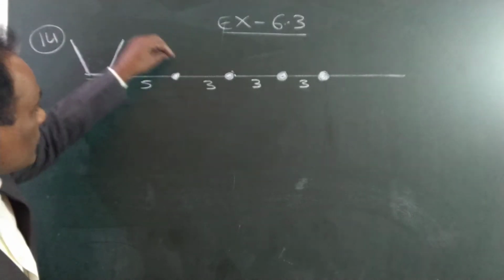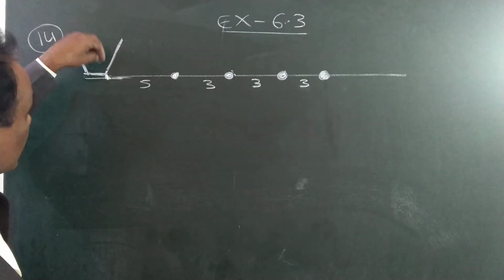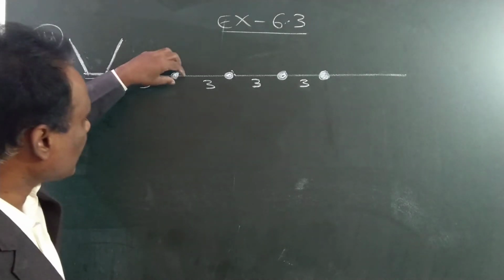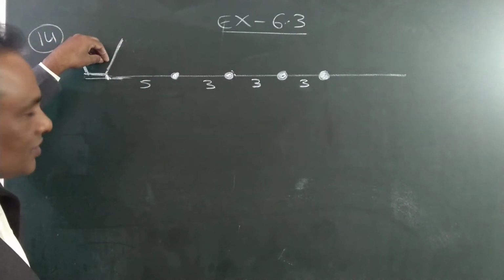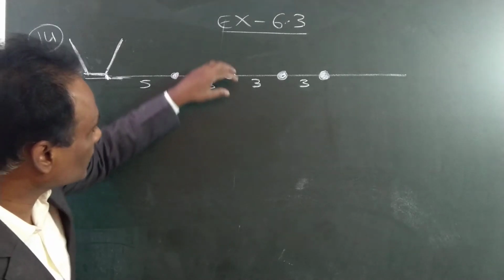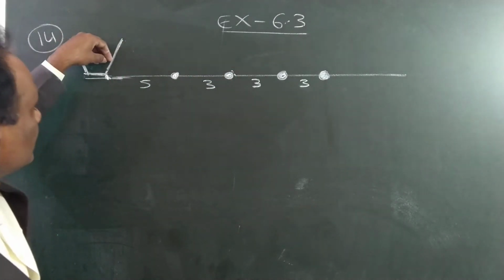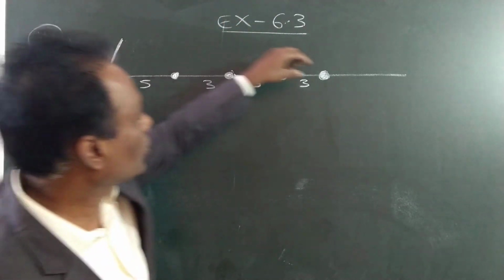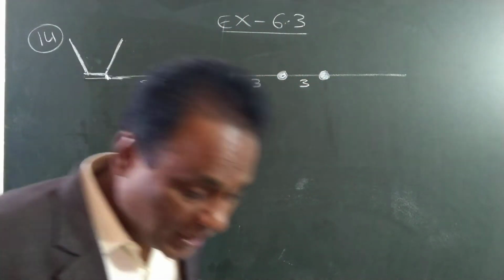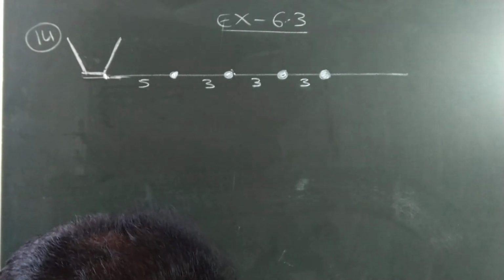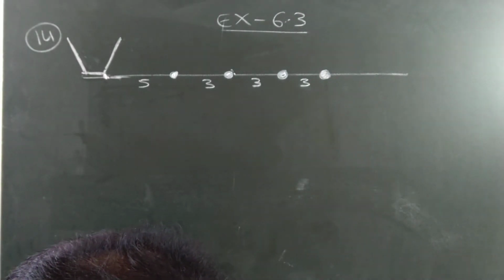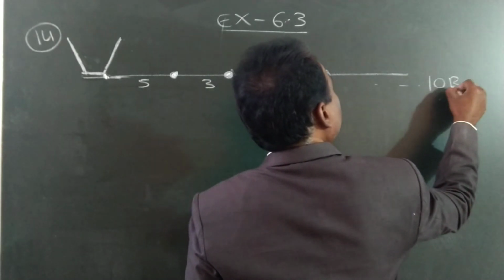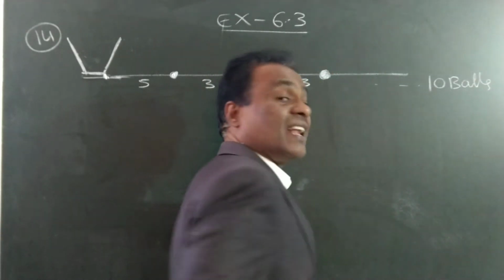Person is picking up the balls and keeping in the bucket. First person will move here, take the ball, keep here. Again move to the next ball, take the ball, put in here. Again move to the third ball, keep here. Fourth ball, keep here. Like that, how many balls we have? 10 balls. There are 10 balls.